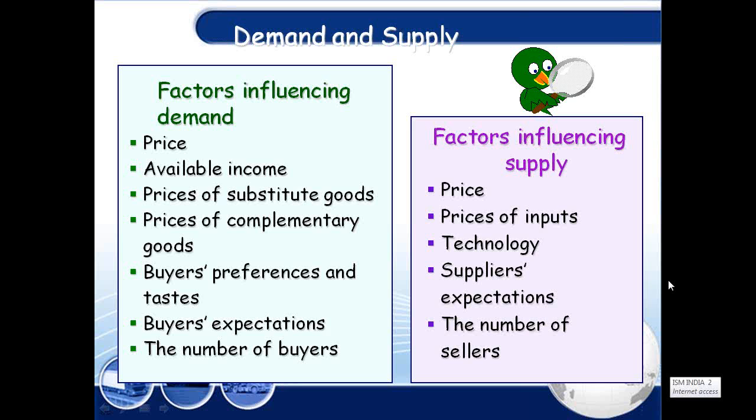The more the incomes, obviously your demand goes up. Prices of substitute goods: if I substitute X with Y, what are the prices? Prices of complementary goods. Buyers' preferences, their taste, buyers' expectations, the number of buyers. All these factors count for demand.